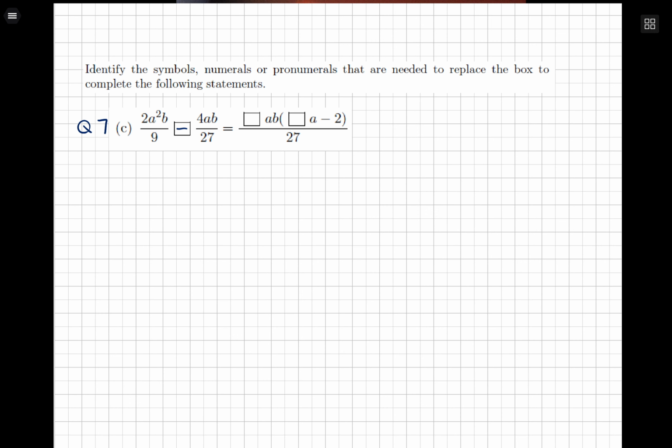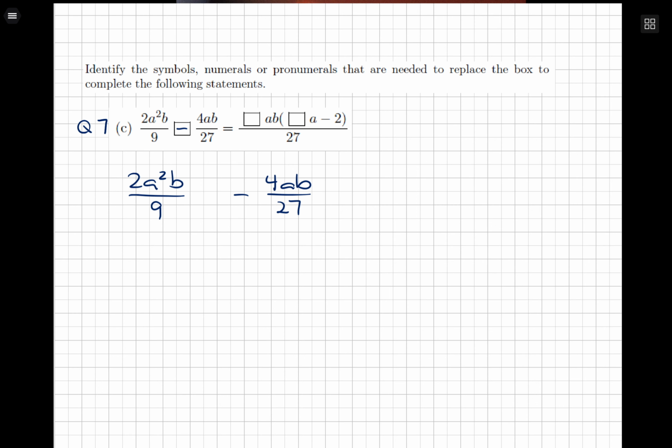So we'll put that in and then see where we go from there. Okay, so we're hoping that that left-hand side, somehow we get something that looks like the right-hand side and we can fill in the boxes. So let's have a look. We've got the 2a squared b on 9 minus 4ab on 27. So we're back in our subtraction territory, which means we've got to get a common denominator. So we need our fancy version of 1.